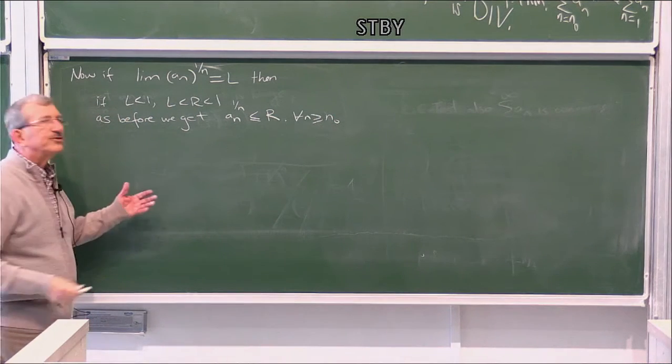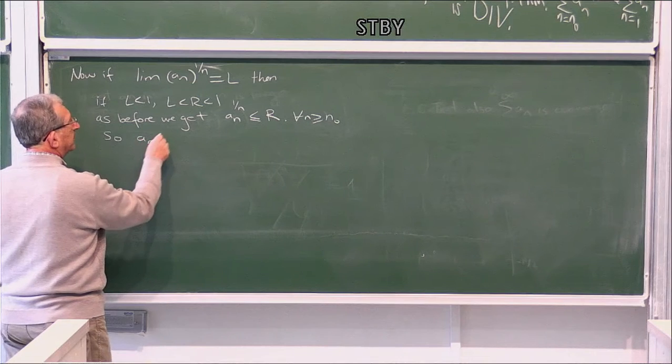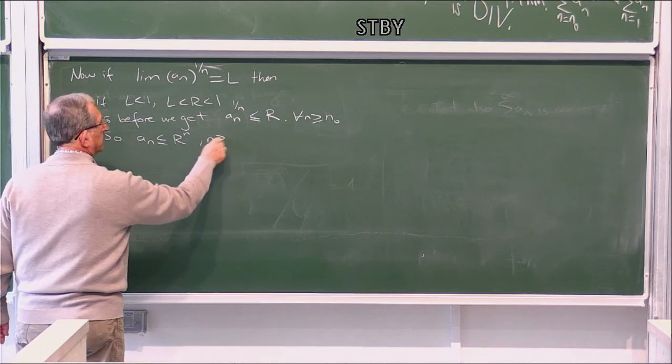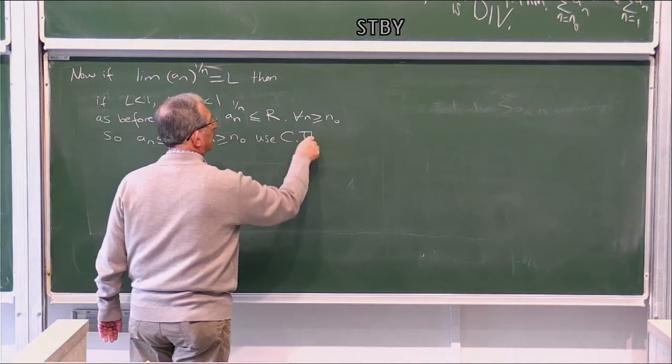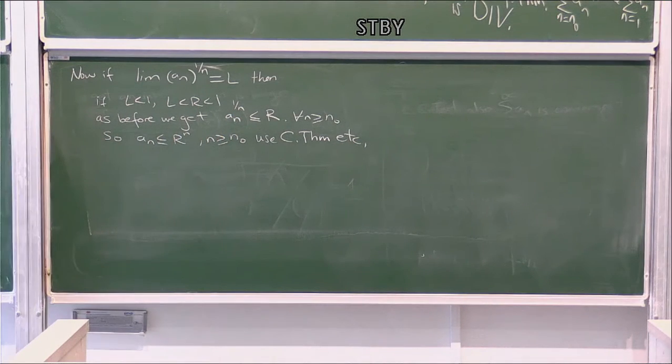Well, now it's easier to continue. So a_n is less than r to the n for n greater than n_0. Use the comparison theorem, etc.